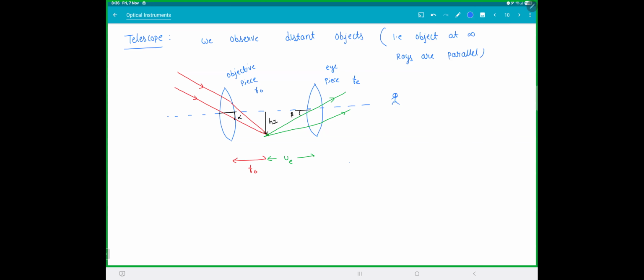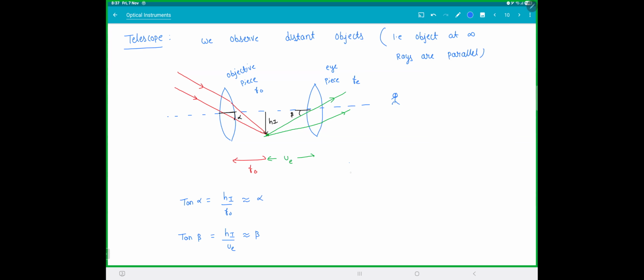So here the magnification: tan alpha is hi by F0. We always take the angles to be small, so that is alpha. Even if the angle is bigger, there is no other formula in NCERT, so we'll stick with this. Similarly, hi by UE is approximately beta.